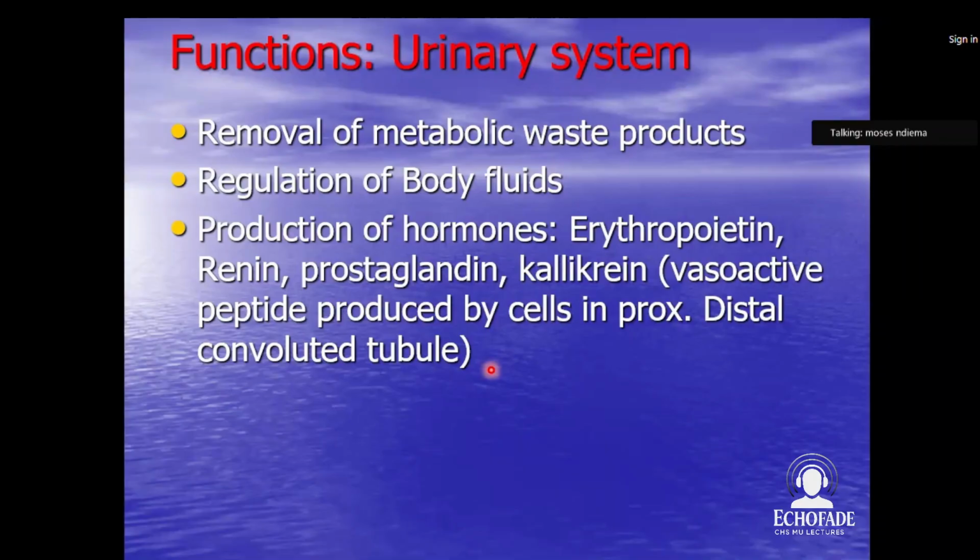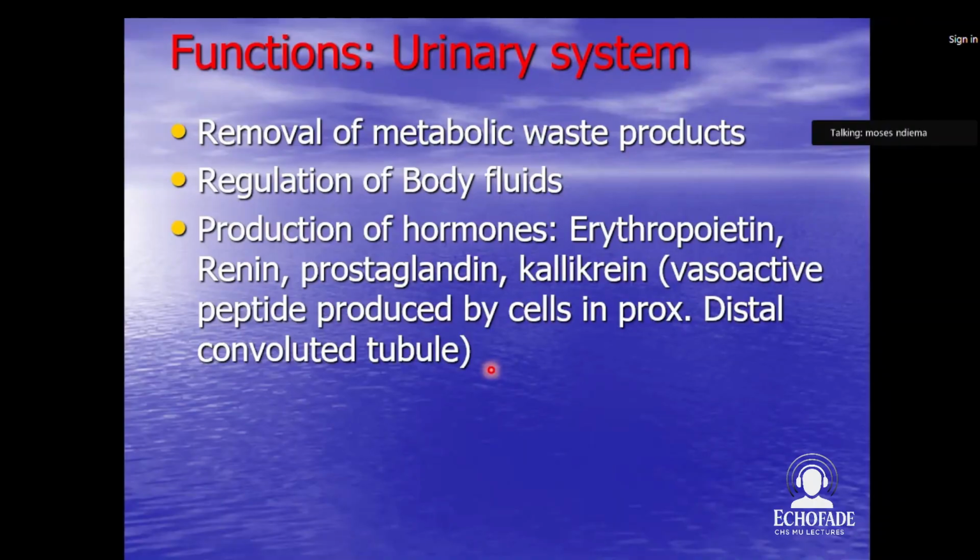Angiotensin 2 is a vasoconstrictor. So angiotensin 2 can also increase blood pressure by virtue of vasoconstriction. But angiotensin 2 is also very important in acting on the adrenal cortex, specifically the zona glomerulosa, to produce aldosterone.